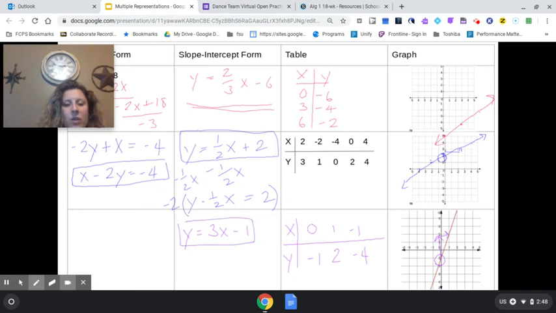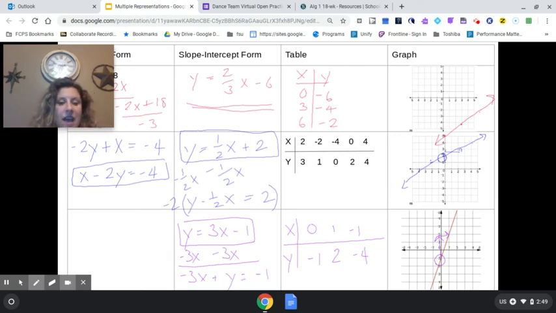Okay, we're going to transform that into standard form. So again, I'm going to subtract 3x from both sides. I would get -3x plus y is equal to -1.